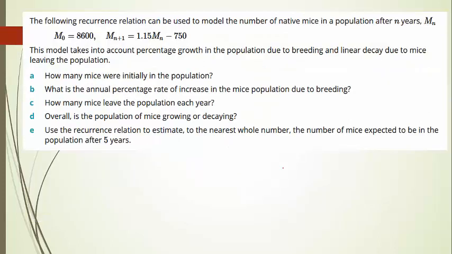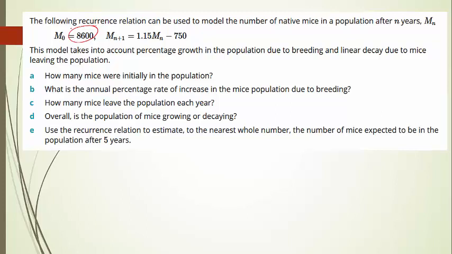Here's another question out of the exercise book. Now, this time we're given a recurrence relation and we're asked to identify the various bits of information from it. How many mice were initially in the population? That's your 8,600. The annual percentage rate of increase in the mice. Now, you've got to unpack 1.15.